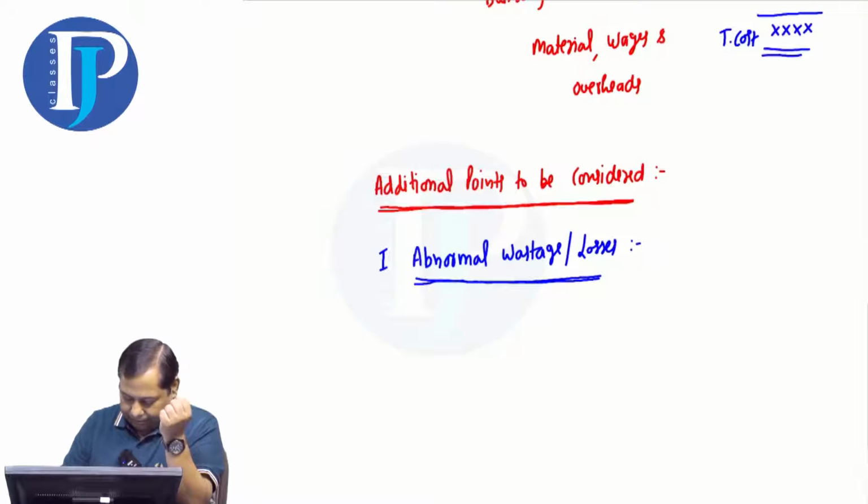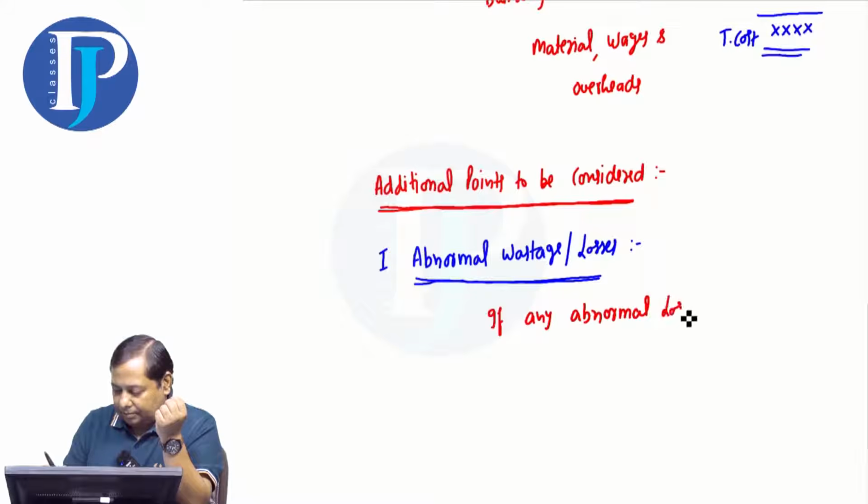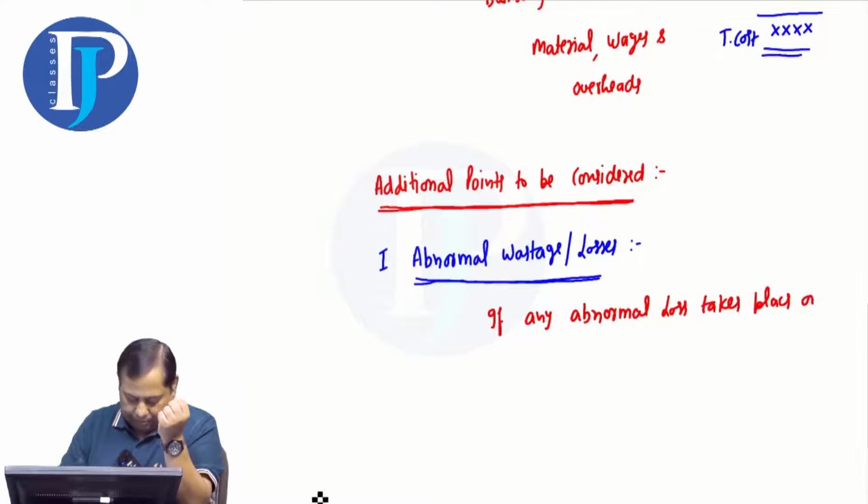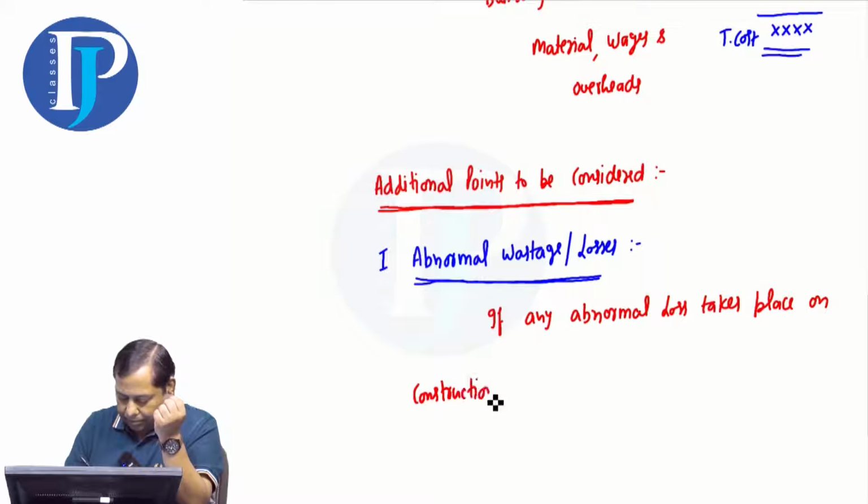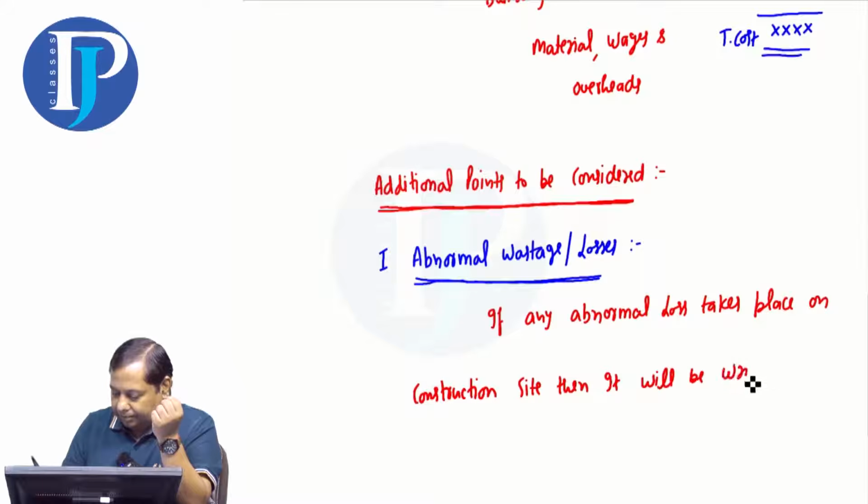If any abnormal loss takes place on the construction site, then it will be written off in P&L account.